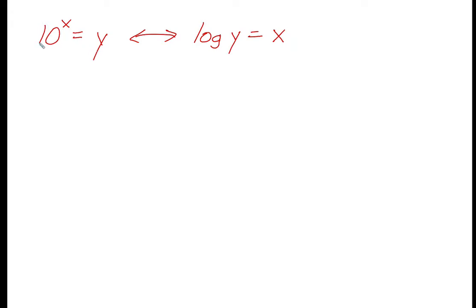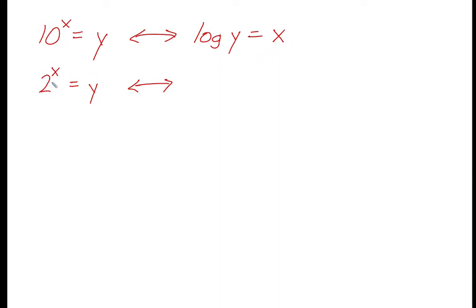All right, so what if it's not 10 to the x? What if it's, for instance, 2 to the x? Well, this log only works for 10. If the base underneath your exponent is a 10, then we use the common logarithm. But in the same way that all of the x's that we put into our exponential function give us a y, we should be able to reverse it, like we talked about in the last video, to find out what our input originally was.